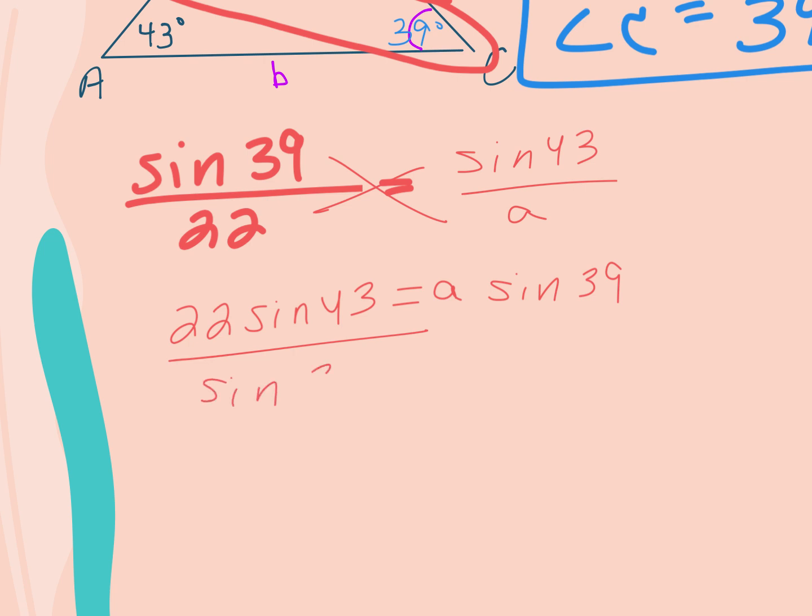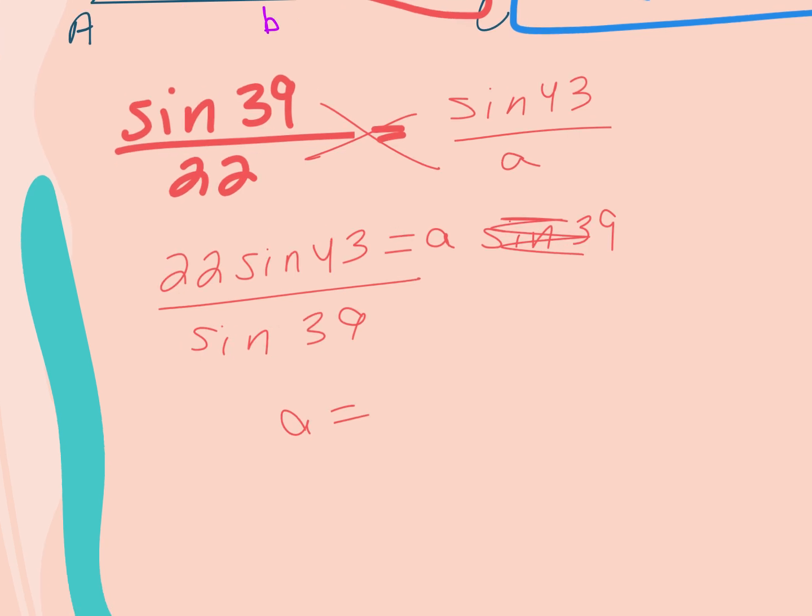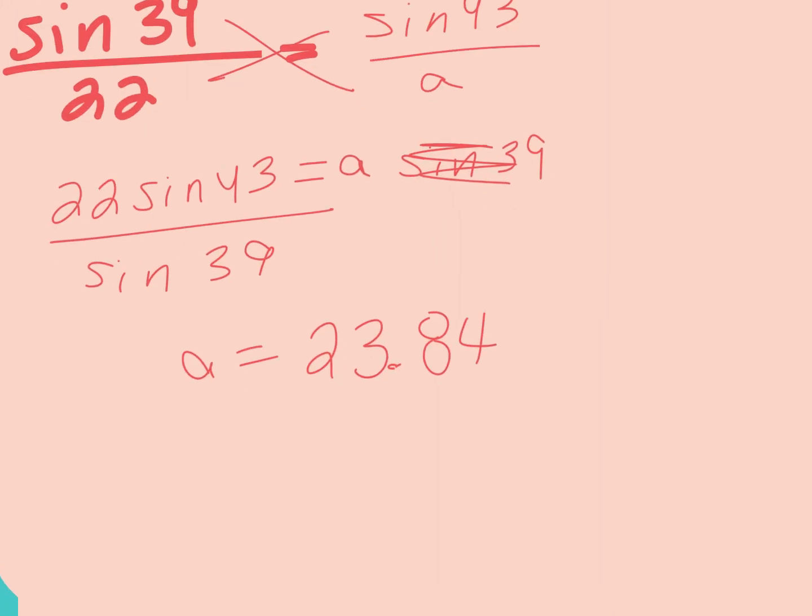Divide by sine 39. So what's A equal? 22 sine 43 divided by sine 39. What did you guys get? Perfect. 23.84. And what's our measurement? Feet.